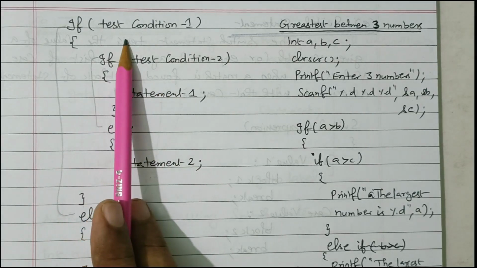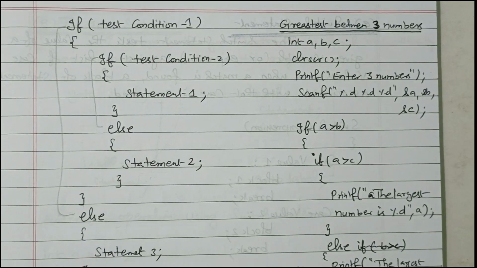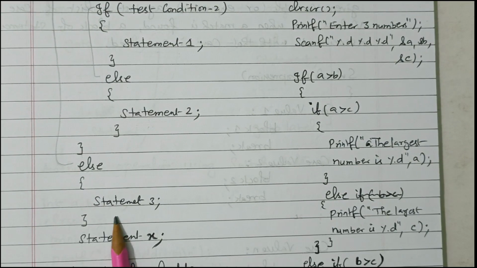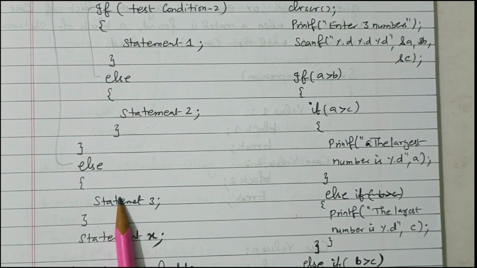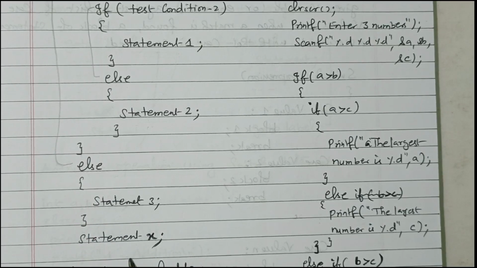Suppose the test condition 1 is false, then it will go to the else part. There we have statement 3. This set of statements between these braces will be executed. After that, statement X is a normal statement, and the normal flow of the program will be executed.